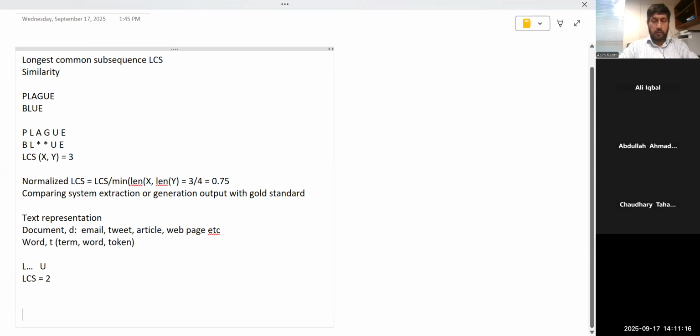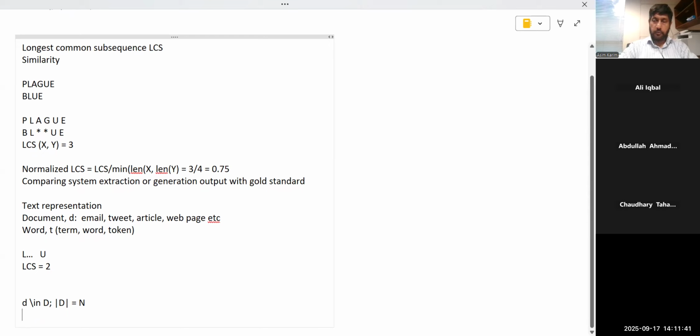All right. And typically what happens is you usually have a collection of documents. So d, small d, is a document, where capital D is a collection of documents, and we can say its size is basically N. And of course, t is a term, which usually comes from your vocabulary, the one we have already talked about.